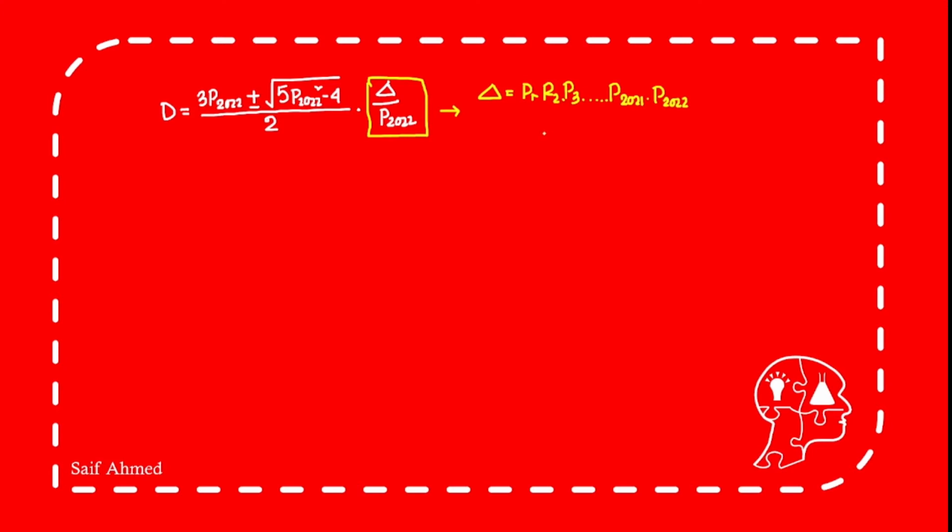Dividing this by P(2022), I just cancel out the two sides and I can write it like that: P1 times P2 times P3 times dot dot dot up to P(2021), which was in our last assertion if you look at the question again.